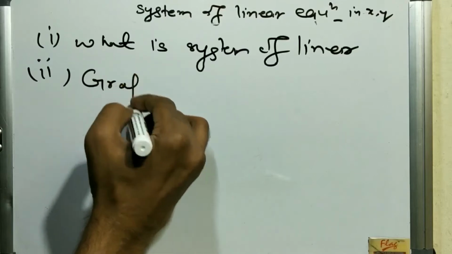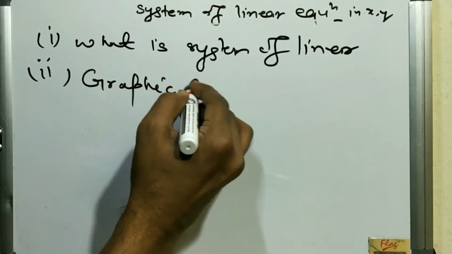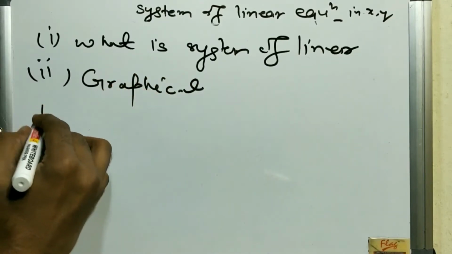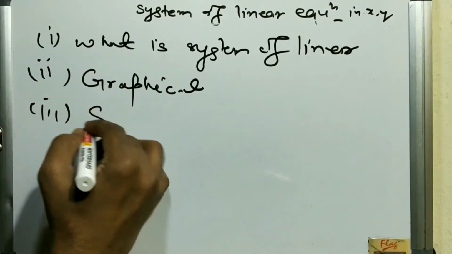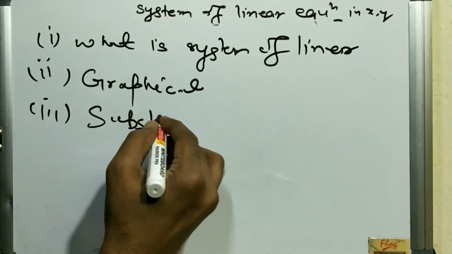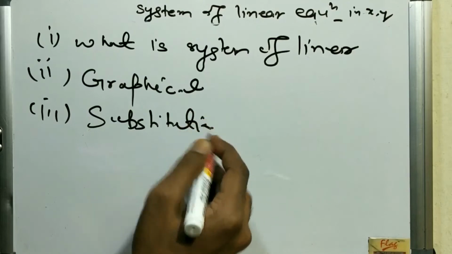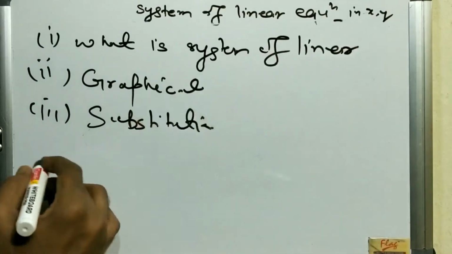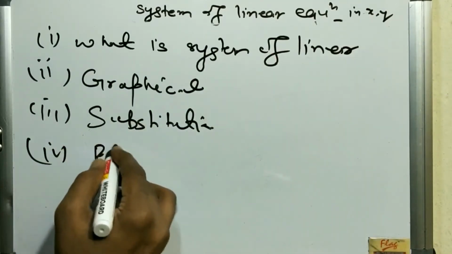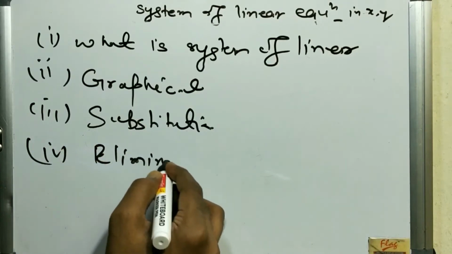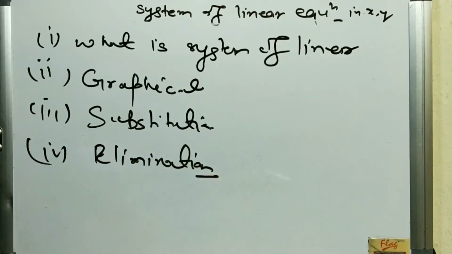What is the graphical method to solve those linear equations? Also, we will discuss what is the substitution method to solve a given set of linear equations, and what is the elimination method of solving a given set of linear equations.